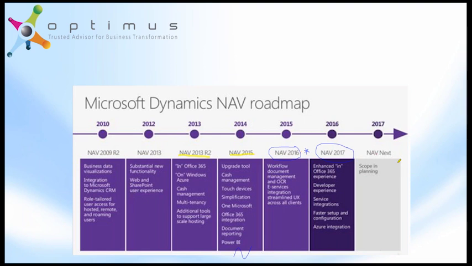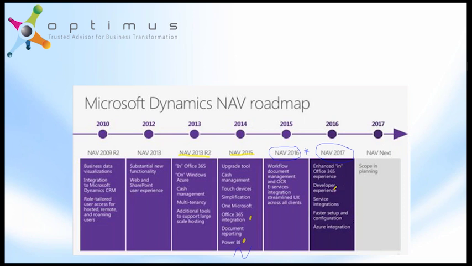Something that we can definitely see in this roadmap is Microsoft keeps on adding more integration or additional functionality on the reporting, Power BI, Office 365, right, outside of the regular functionality.